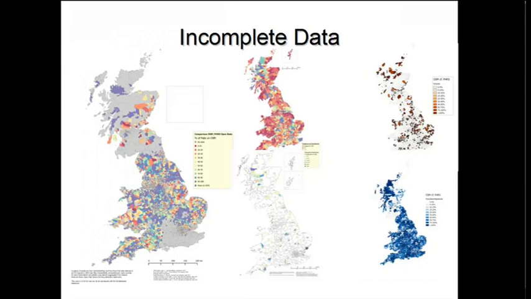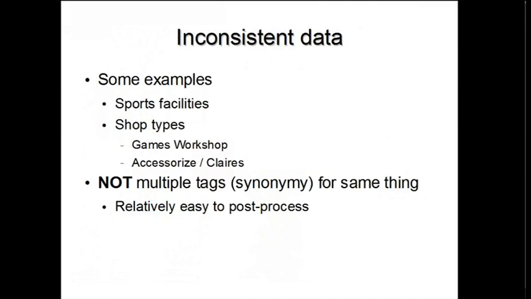I think this one up here is supermarkets. We do quite well on post boxes, we do quite well on pubs. But some tag classes, some categories of POIs are well mapped and others aren't. So you need to understand the nature of that before you do any analysis.